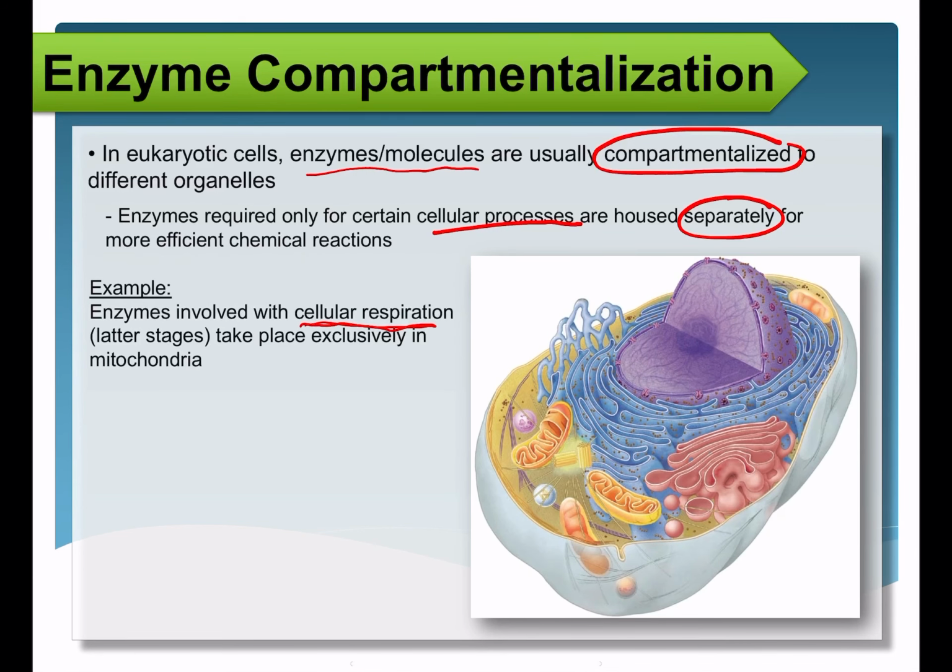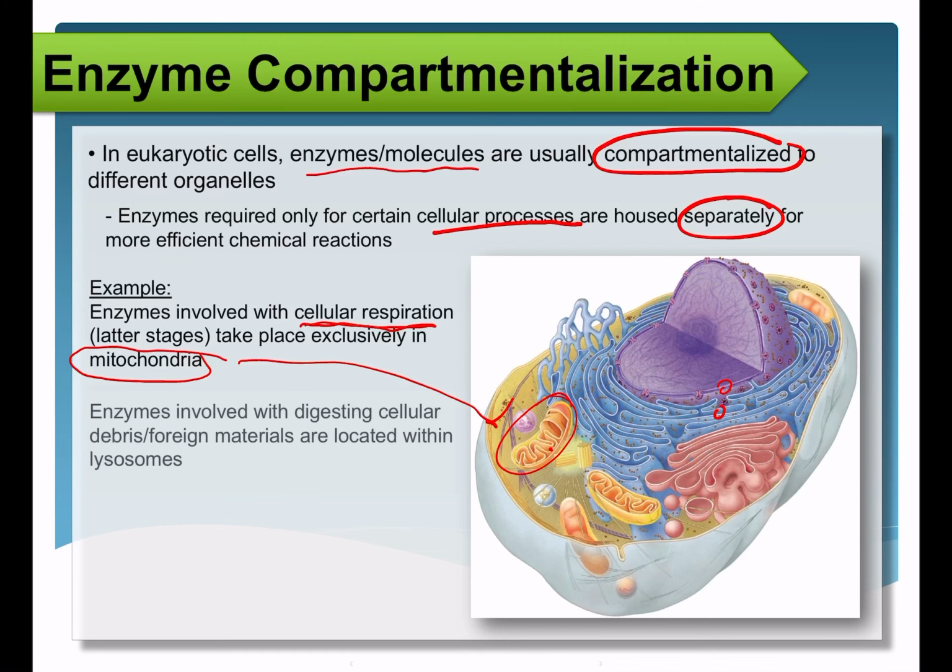The latter stages of cellular respiration take place exclusively within the mitochondria right here. You wouldn't see enzymes for cellular respiration in the nucleus membrane or the rough ER, because that's not where all the things we need are. All those things we need for cellular respiration, the latter stages anyway, are within the mitochondria. So might as well have those enzymes housed within the mitochondria.